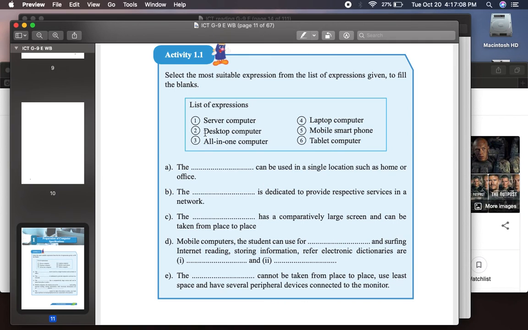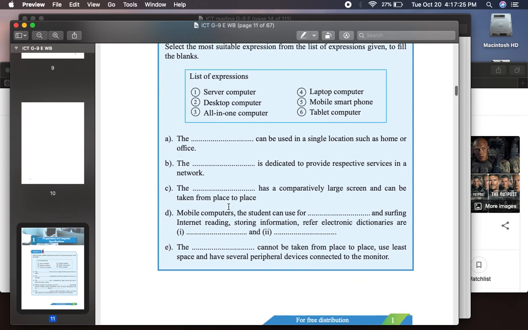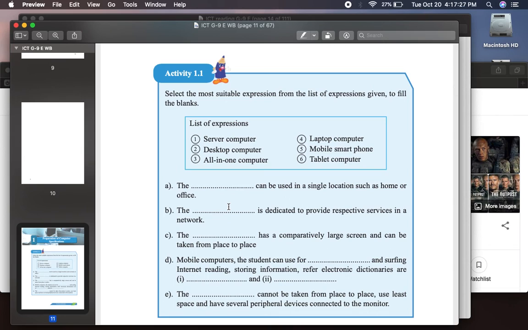There are 6 expressions and there are 6 types of sentences that have blanks in them. Now the first one, the blank can be used in a single location such as home or office.